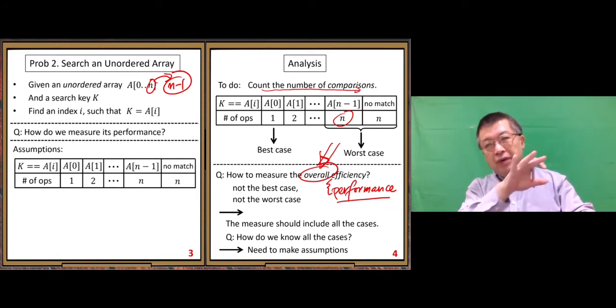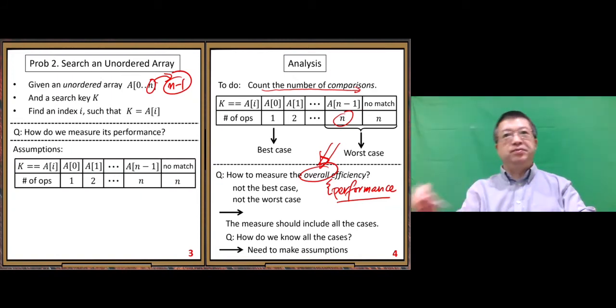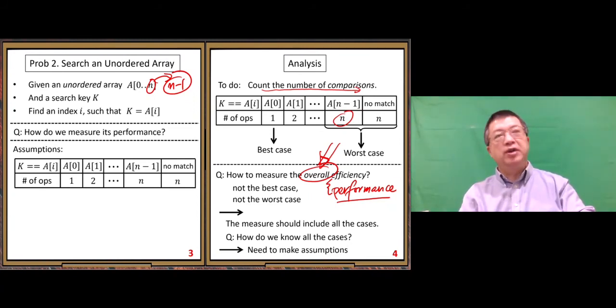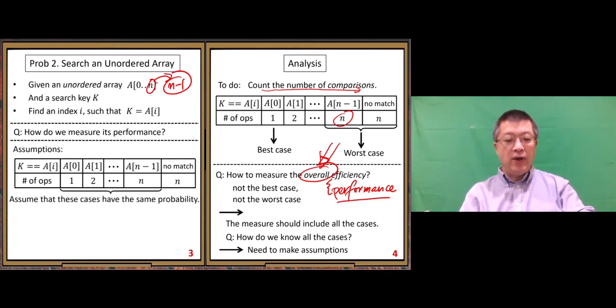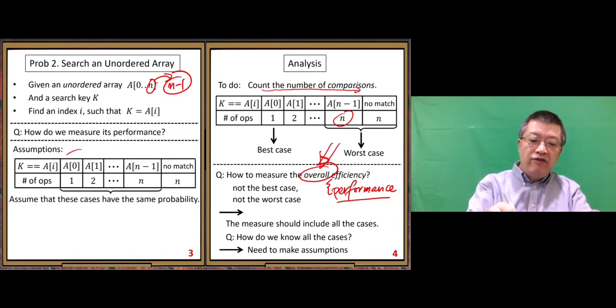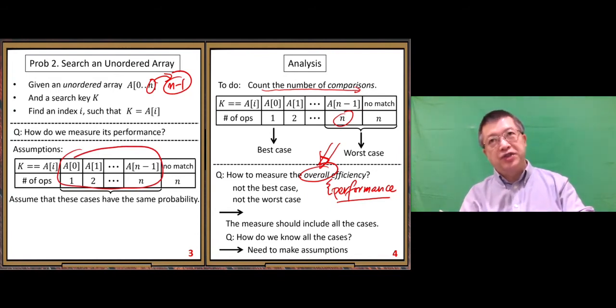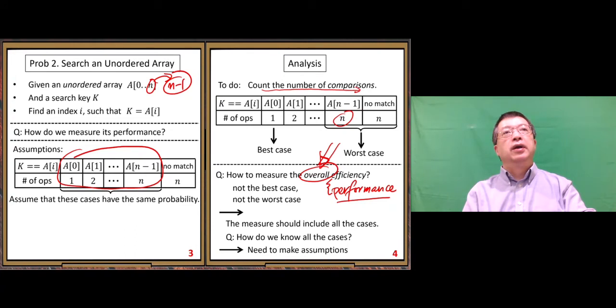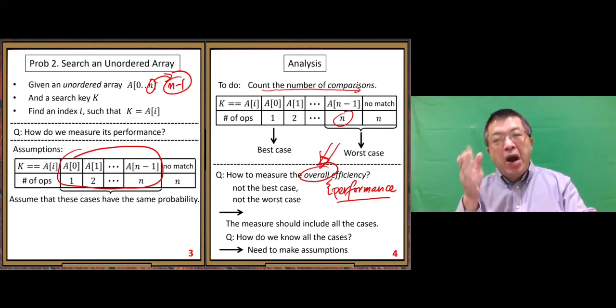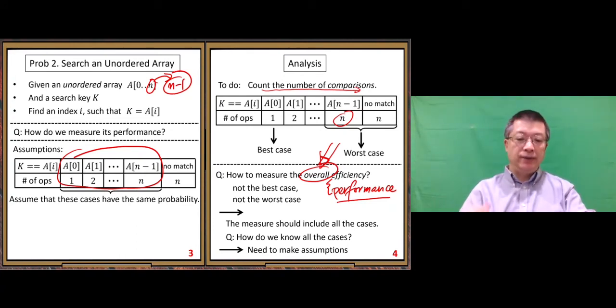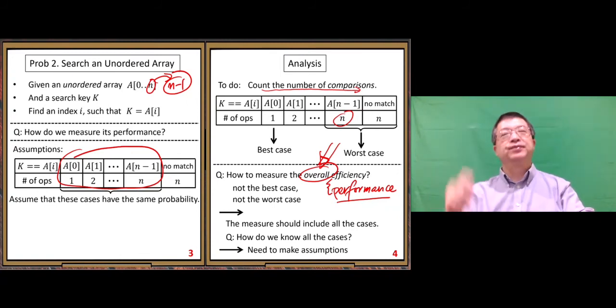All right, so for our data, for all these cases, let's make reasonable assumptions. The first one, we can assume for the first n cases, each case in this part has the same probability. So each one same probability.